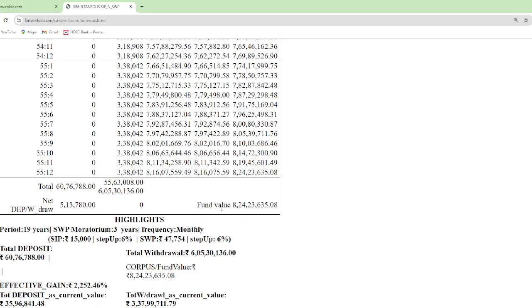Final fund value after all these withdrawals is 8.24 crore. The total withdrawal is about 6.05 crore and total fund value is about 8.54 crore. The overall gain is 22 times, at 2,252 percent.